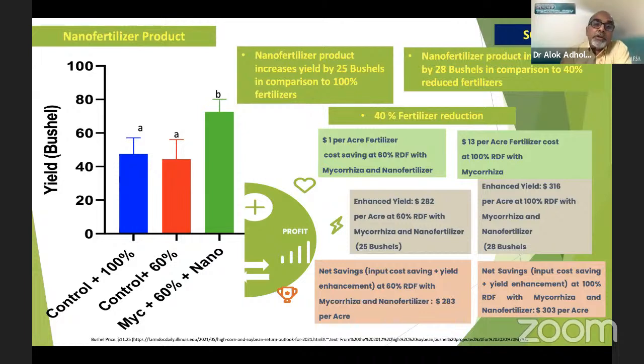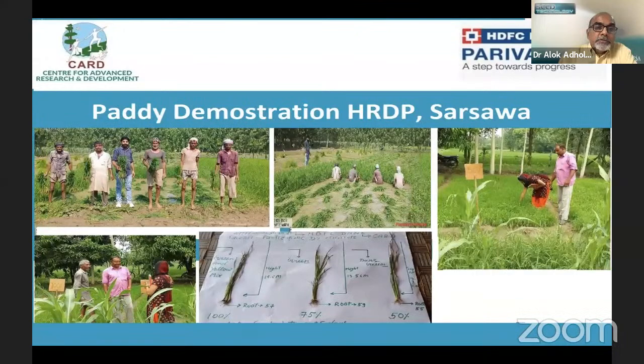There are several qualitative improvements which happen, in grain quality and nutritional quality as well, because of the foliar and the seed delivery of these nanomaterials. Those are also aspects which are being demonstrated through these trials. These are some of the Indian trials that have been undertaken, with the help of an NGO and funding from HDFC Bank, looking at how fertilizer saving can be effectively achieved.